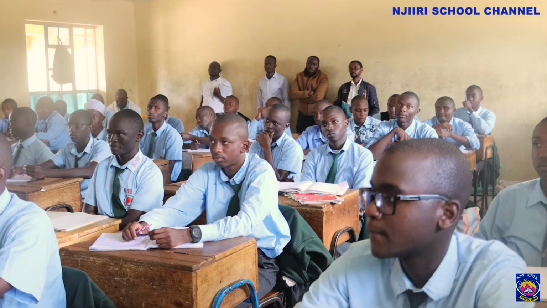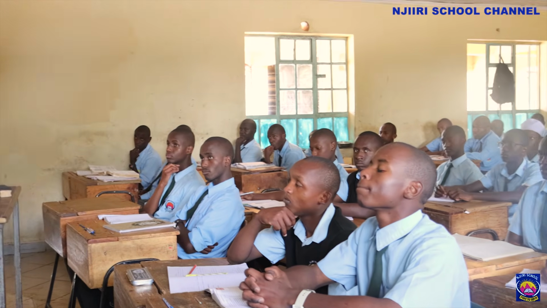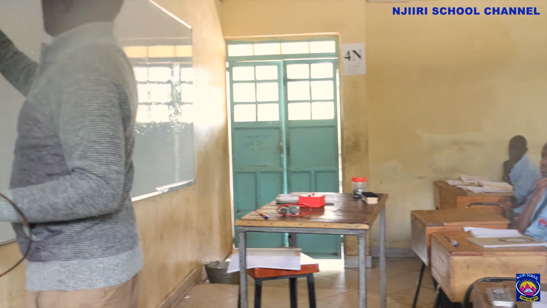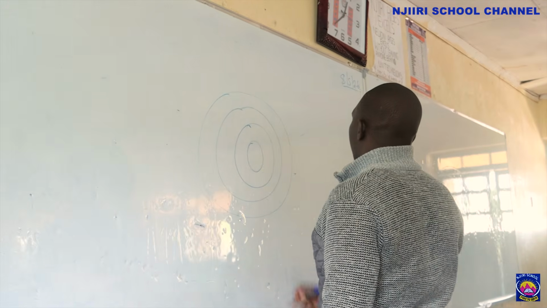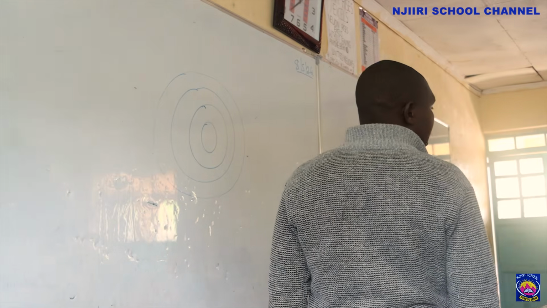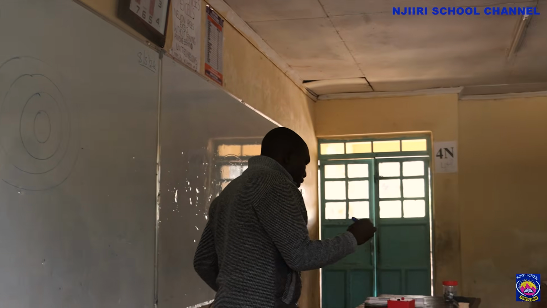So this is our atom. We have the nucleus, the first energy level, the second one, the third. Inside the atom we have the nucleus. In the nucleus we have what? Protons and neutrons.